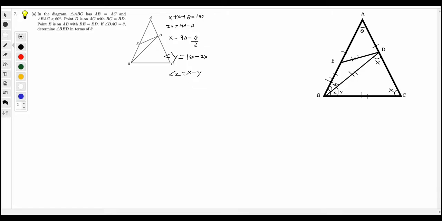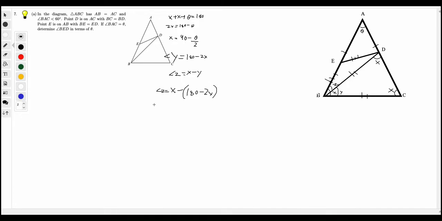So now I can substitute the y values to make an equation for angle EBD, which is angle Z. So angle Z equals x minus (180 minus 2x), don't forget the brackets.